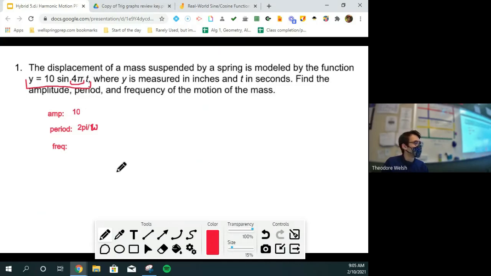So to find the period, the length to complete 1 cycle, we take 2 pi over, in this case, 4 pi. Those pi's cancel, and 2 over 4 simplifies to 1/2. So we have a period of 1/2.